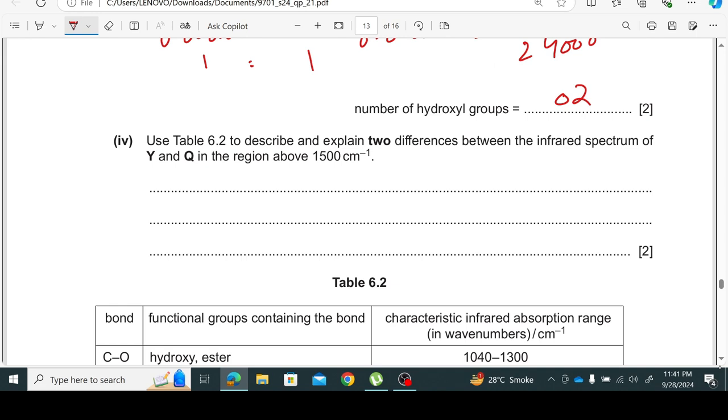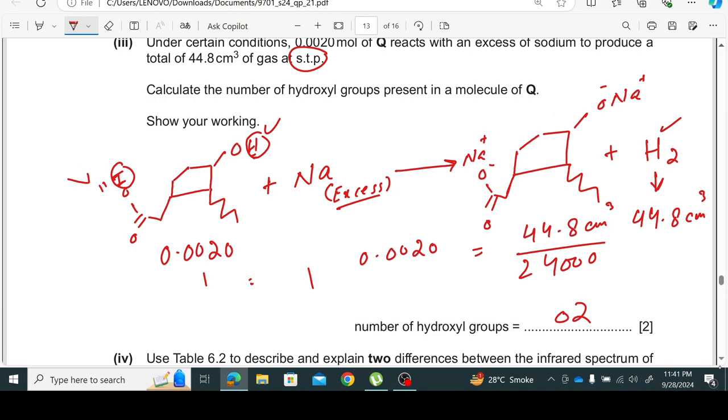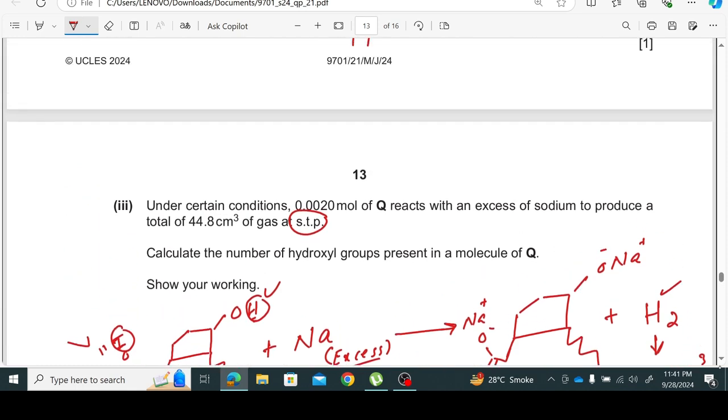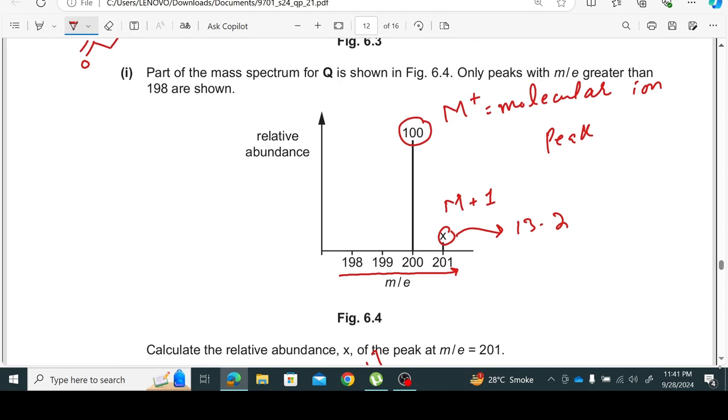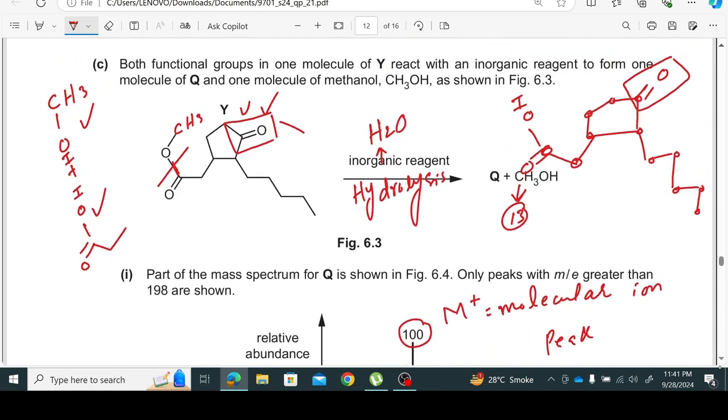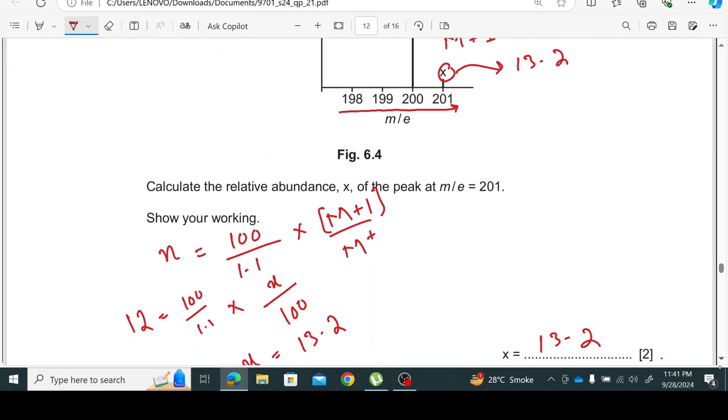The next is: use table 6.2 to describe the difference between the infrared spectrum of Y and Q in the region. This is, I think, the last question, from the IR region. First you need to figure out what is happening in Y and what is in Q. Here you have a carbonyl group and ester linkage, and there you have a hydroxyl group.